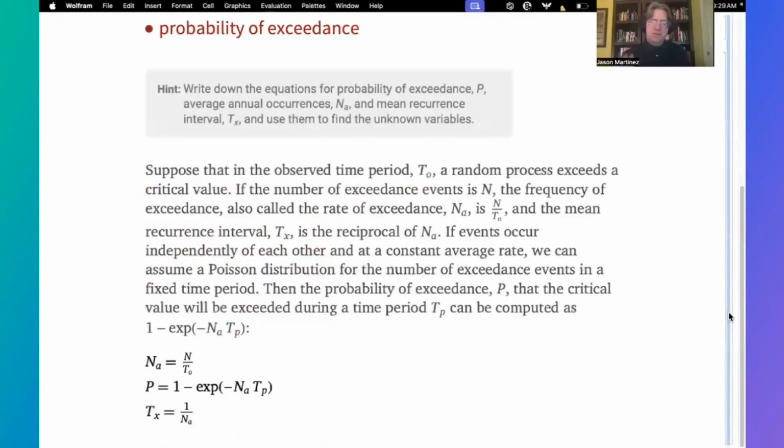But in some cases it's just going to be text. So the probability of exceedance is a statistical formula that characterizes the likelihood for a given phenomenon that it will exceed some critical value.